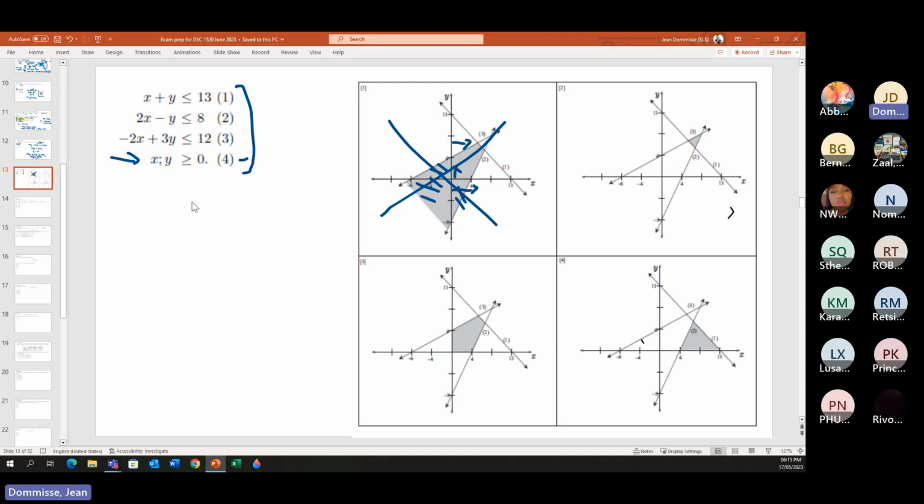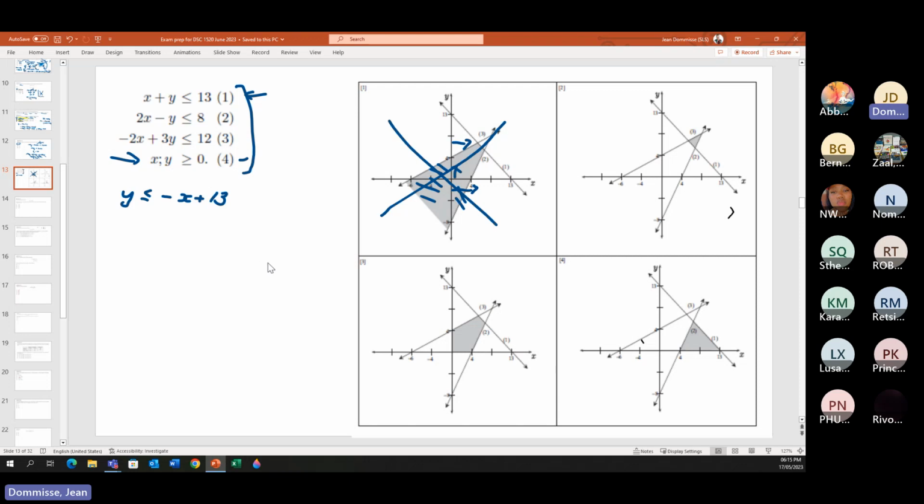Then let's look at that first equation and write it out already as it will look. So y smaller or equal to minus x plus 13.